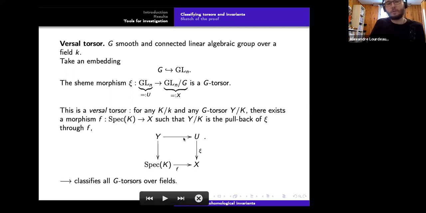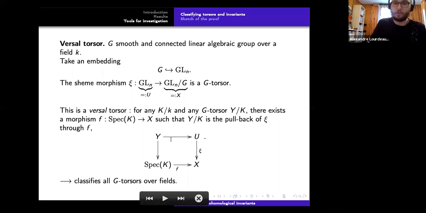And this torsor is what we call a versal torsor, because in a sense it contains every G-torsor over any field. That is, for any extension capital K over k and any G-torsor Y over K, there will exist a K-point f of X such that the G-torsor Y is the pullback of the general torsor xi through f.